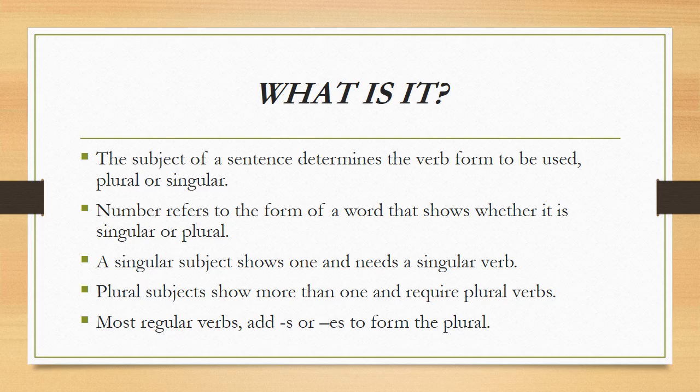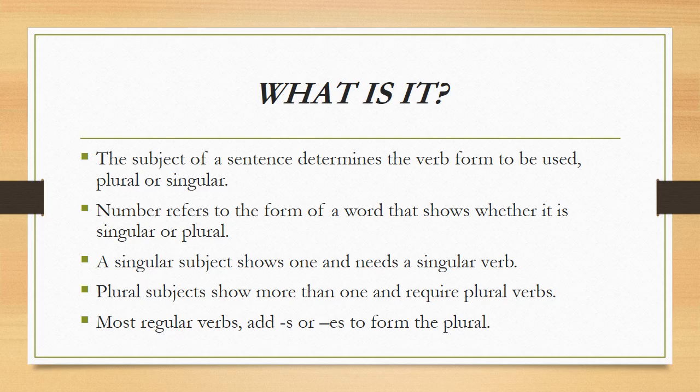A singular subject shows one singular thing and needs a singular verb to agree with. A plural subject shows more than one person or object and requires plural verbs. Hence, the subject must agree with the verb.